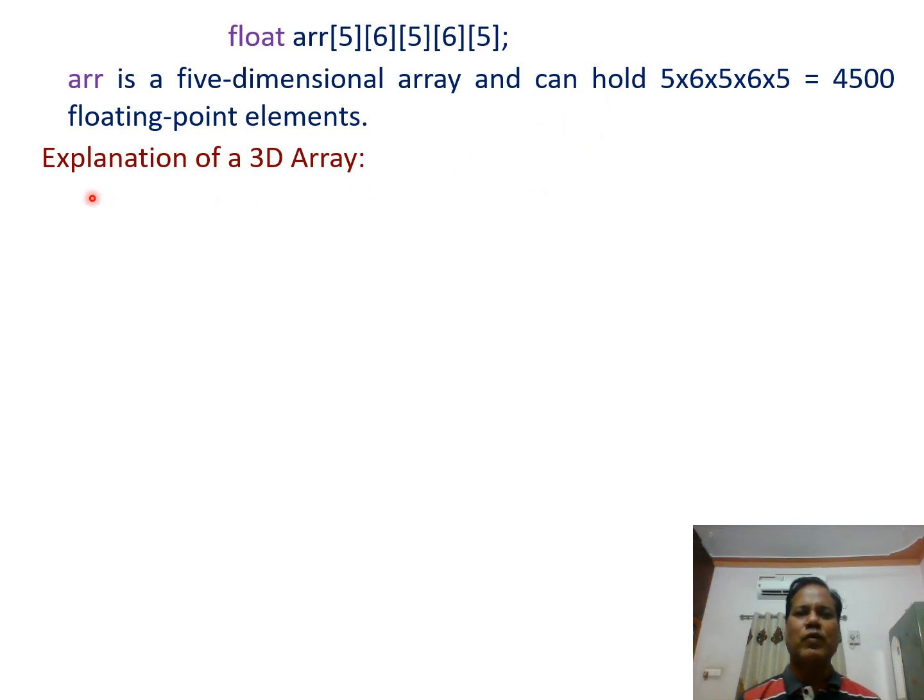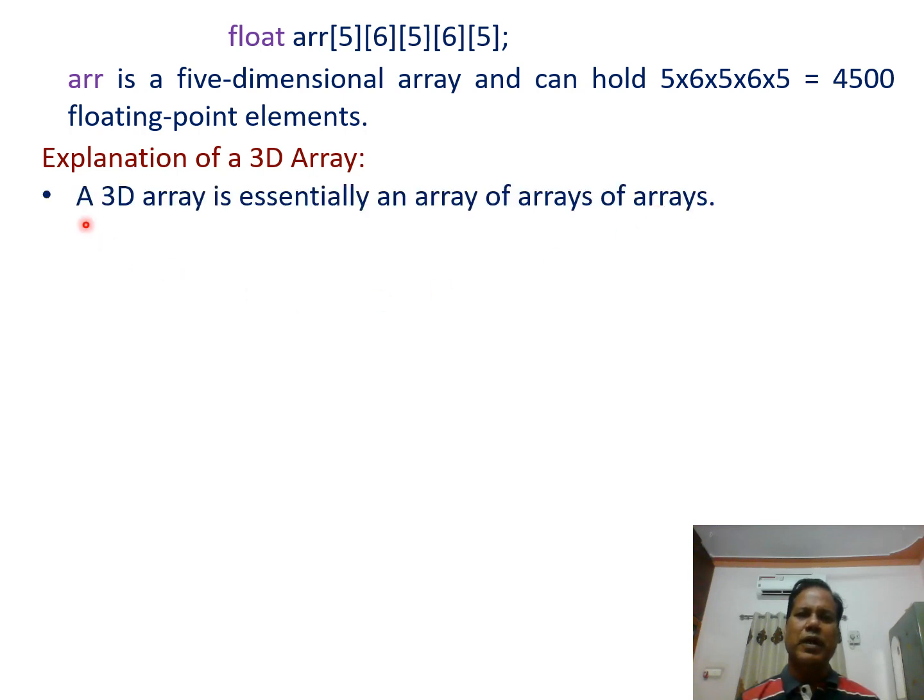Now 2D arrays we have already discussed, so that is also an example of a multi-dimensional array. But today we will discuss the explanation of 3D arrays. A 3D array is essentially an array of arrays of arrays.